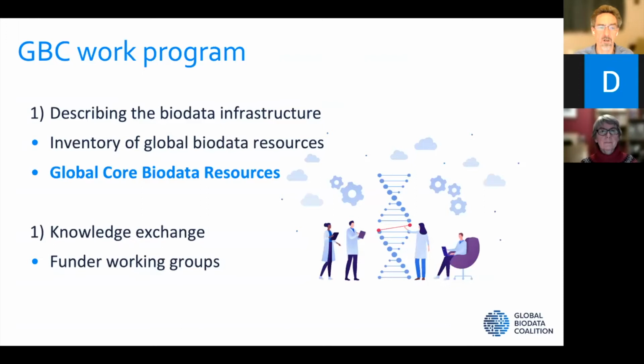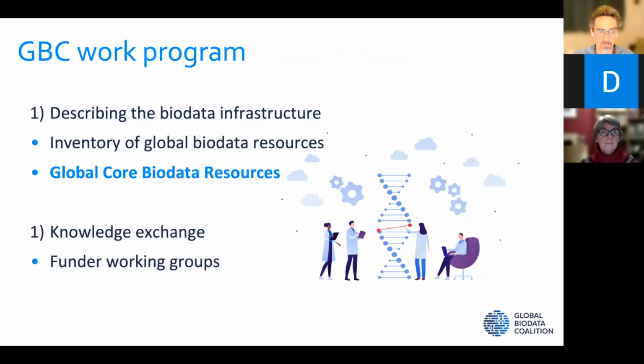And we're addressing, in the first instance, an inventory of the resources. In other words, how many are out there. We are selecting Global Core Biodata Resources, which we'll talk about more in the rest of this webinar. And we've also established working groups among the funders who are on the board for knowledge exchange.